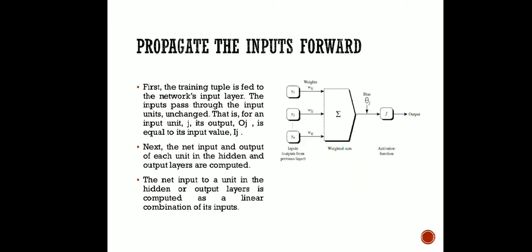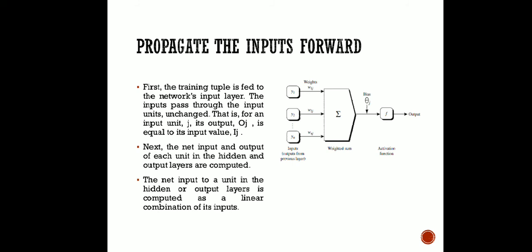You can see here what is being done. First the training tuple is fed to the network's input layer. Let us say the input layer has the values y1, y2, yn, right? These are the values of the input layer. Now the input passes through the input units unchanged.